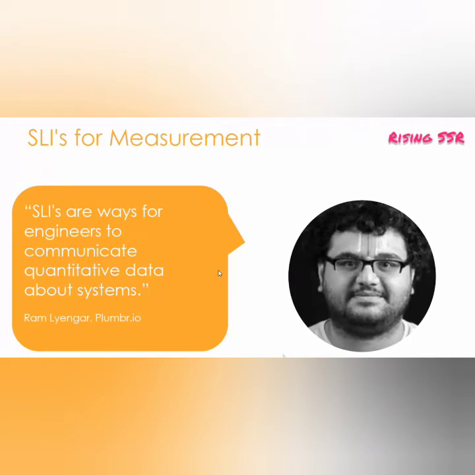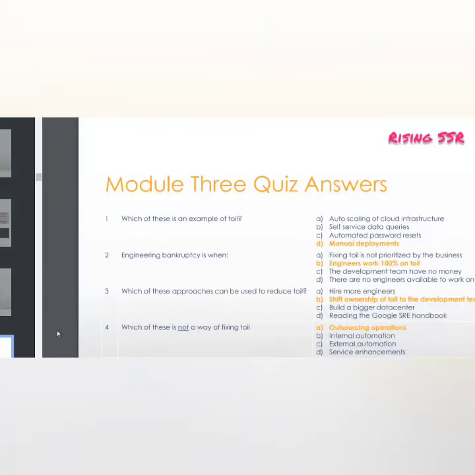But now we are going to see how we can quantify the qualitative aspects from a quantitative perspective. So service level indicators are basically the mechanism to translate the quantitative aspect of measurement, to allow us to analyze things and come to a conclusion. That is what SLIs are.